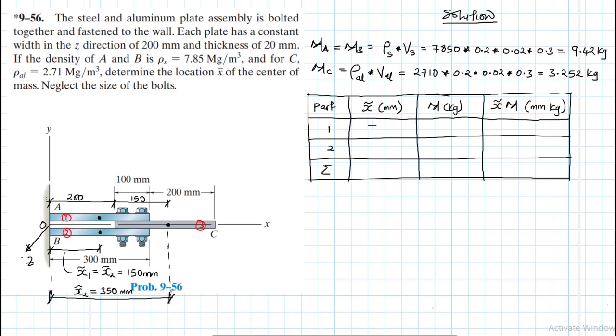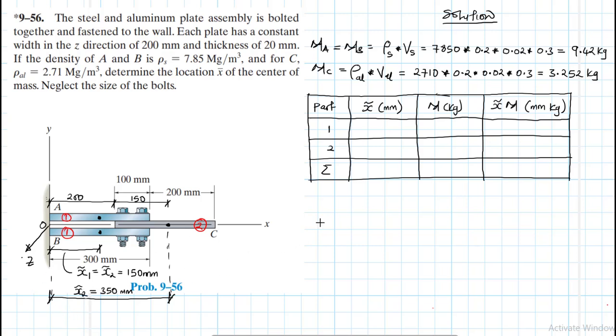It's local centroid for part 1. Okay, it's part 1, part 2. Let's call this one here part 2, and call this one here B as part 1, right, since they are the same.